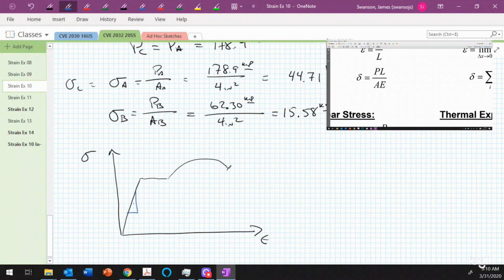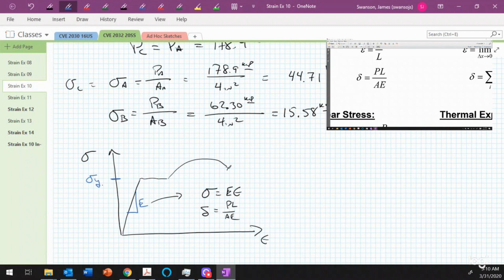The slope of this line is the modulus of elasticity E, and from that we end up with Hooke's law, sigma is equal to E times epsilon, and from that delta is equal to PL over AE. The reason it's important to check for yielding is that this equation, sigma equals E epsilon, or delta equals PL over AE, is only valid when the stress is less than the yield stress. If we stress this beyond yielding, then that equation for Hooke's law is no longer valid.